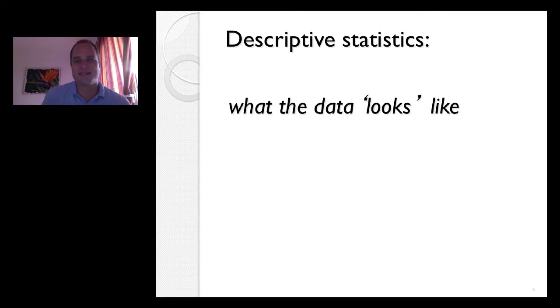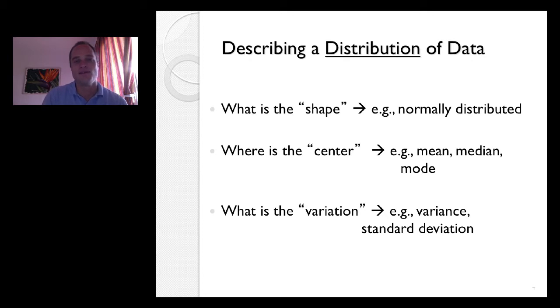So descriptive statistics, in general, is what the data looks like, and this is not just graphical representation of data, it's also numeric. So when you describe a distribution of data, don't let that term distribution scare you.